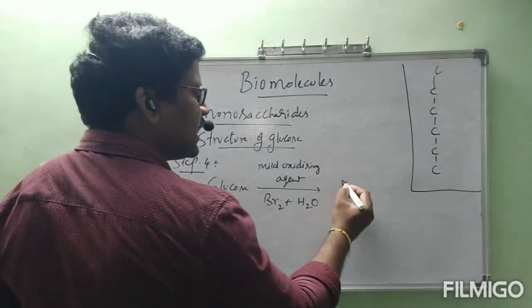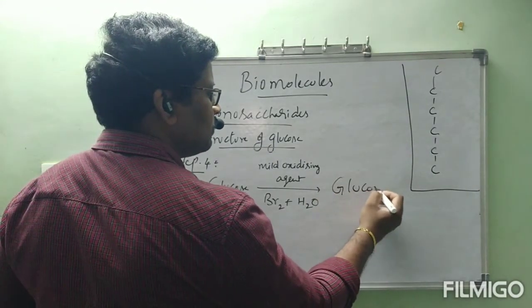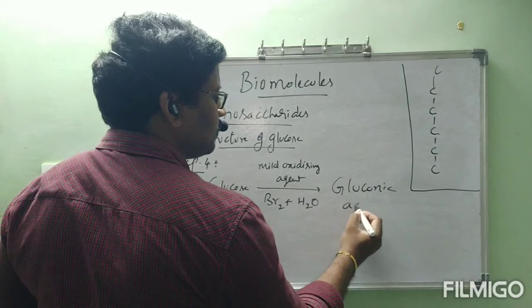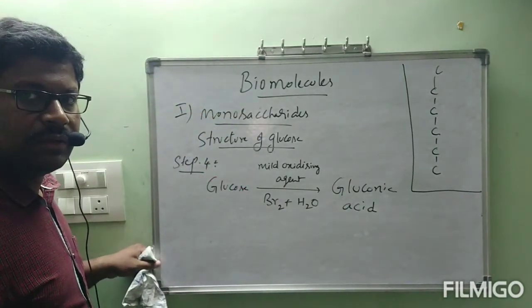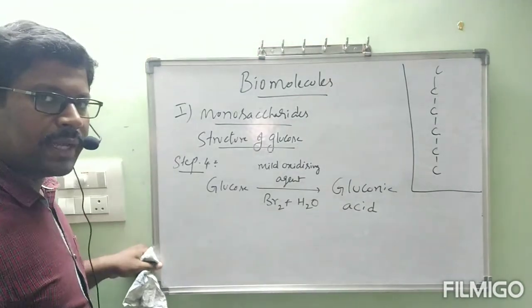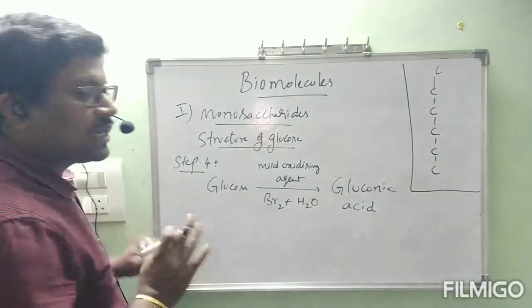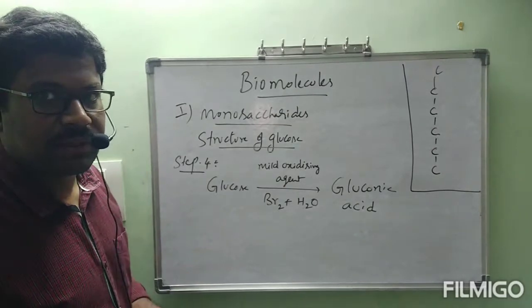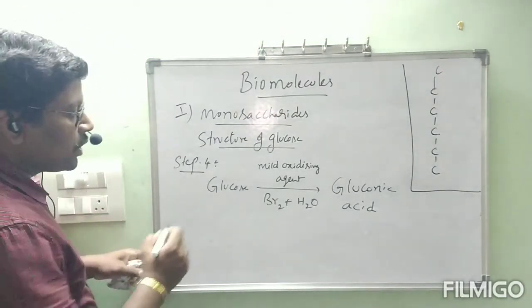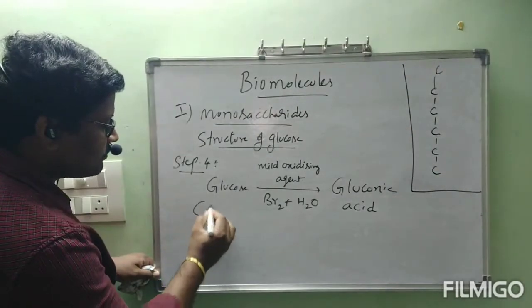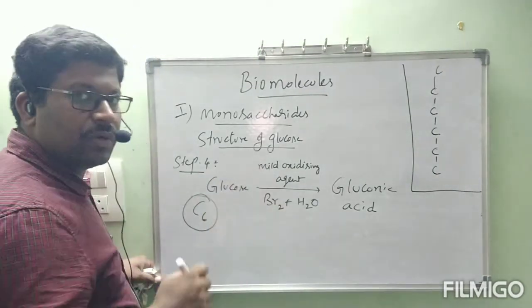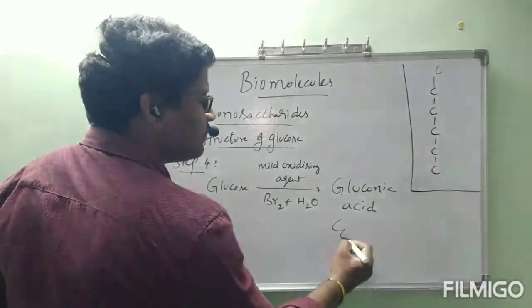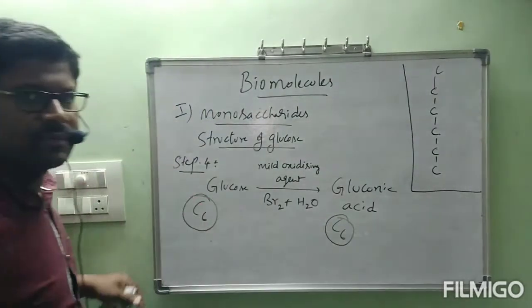We will get gluconic acid. Now, what is the conclusion and how are we going to conclude this? Let us see. Glucose has how many carbon atoms? 6 carbon atoms. Even gluconic acid also contains 6 carbon atoms.